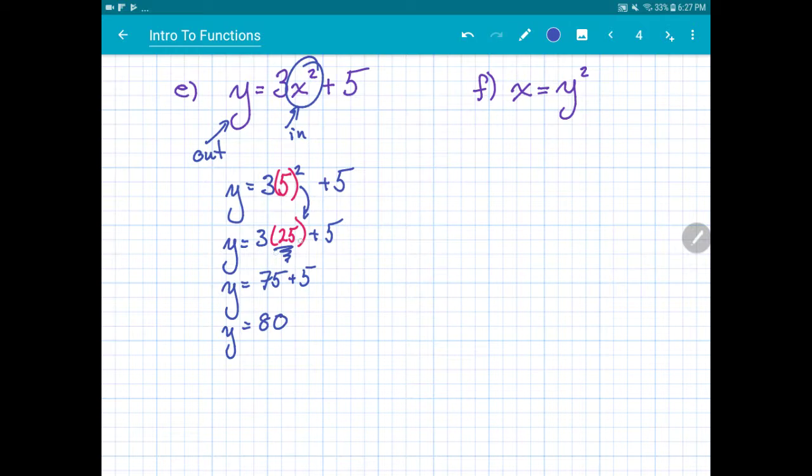Can't get two different numbers when you square a number. So if you square this, you get a predictable out. So then you're just adding, and that's predictable too. When you add this, you're always going to get this number. So because putting in a number gives you only one thing out, this is a function. So we'll call this a function.